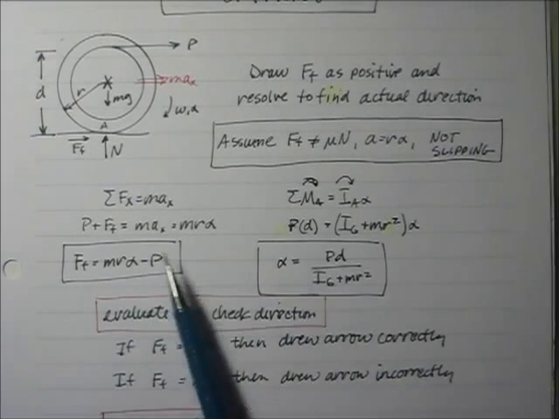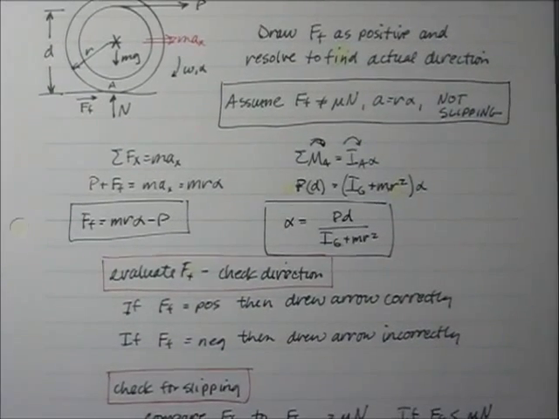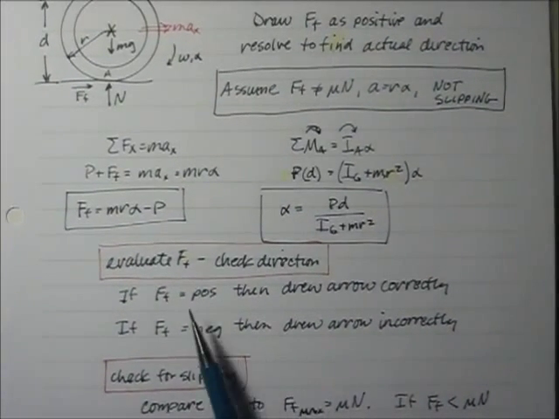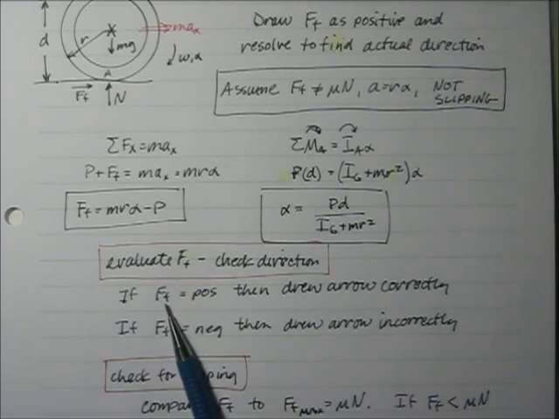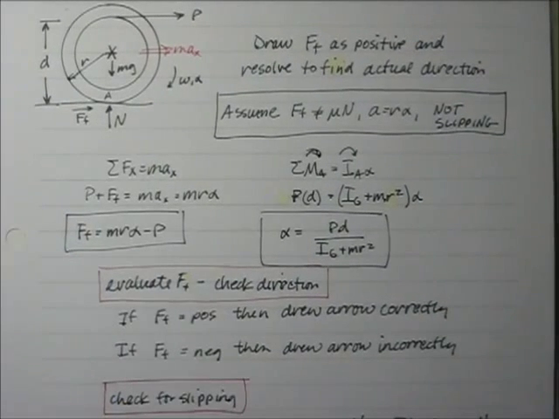Using these two equations, I can resolve the force of friction. If I find the value of the force of friction is positive, then obviously I drew my arrow correctly, and if it's negative, then I drew my arrow incorrectly, and that can help you nail the direction of the force of friction.